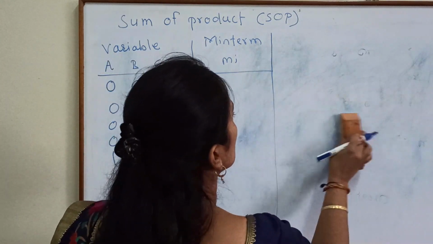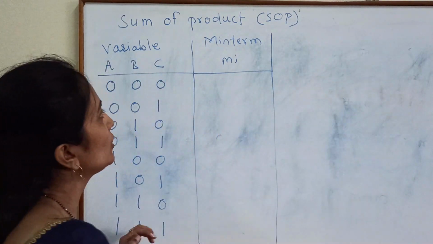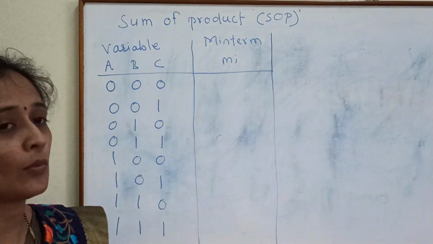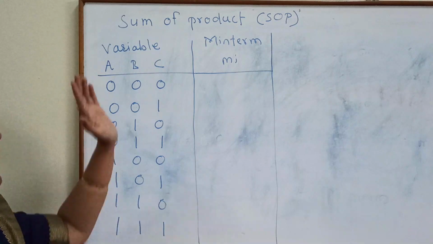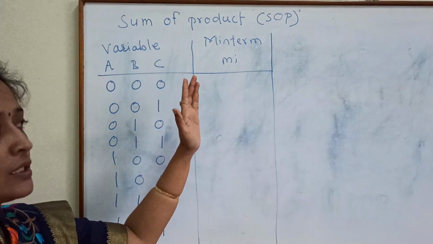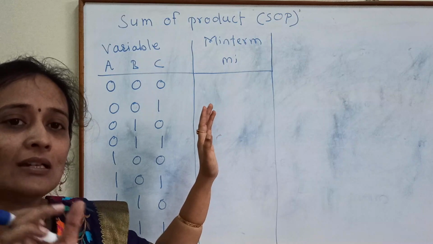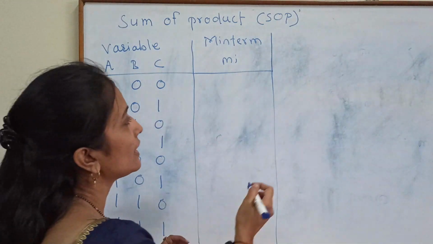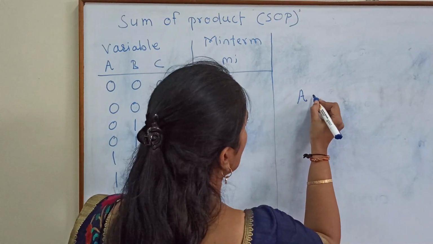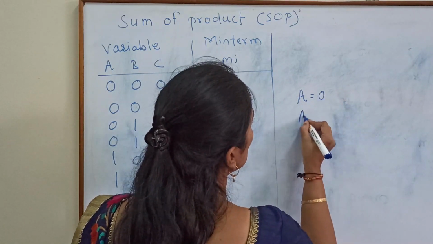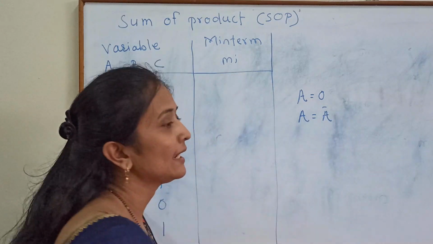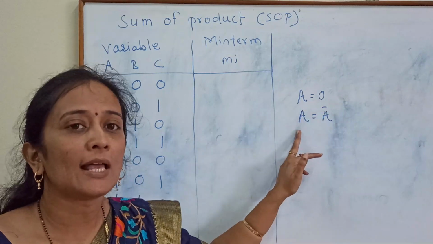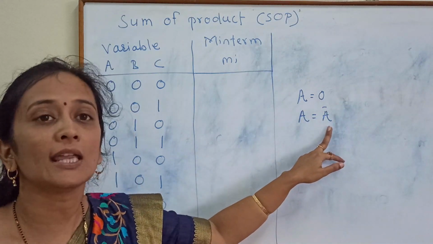Now, the second column is of min terms. Depending on this combination, how to form the min terms. In SOP, sum of product, individual terms are called min terms, and those min terms are represented like this: if A is equal to 0, then A will be represented with A bar.